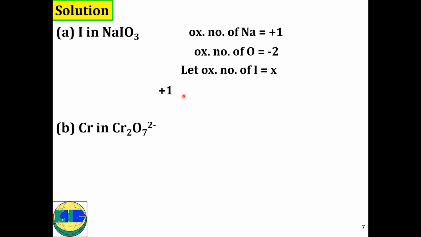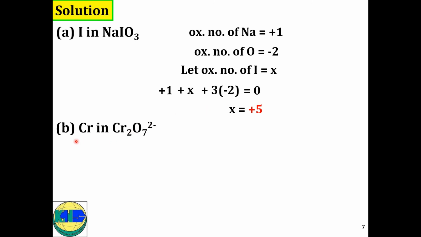So sodium is positive 1, iodine is positive X, plus 3 oxygens here, so 3 multiplied by negative 2, which is negative 6. So the total oxidation number in NaIO3 equals 0. Why is it equal to 0? Because NaIO3 is a neutral compound. So we can determine the oxidation number of iodine, which equals positive 5.